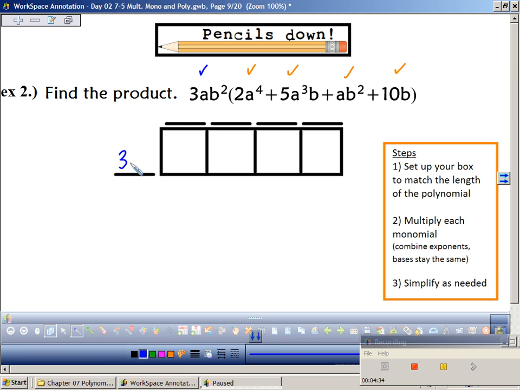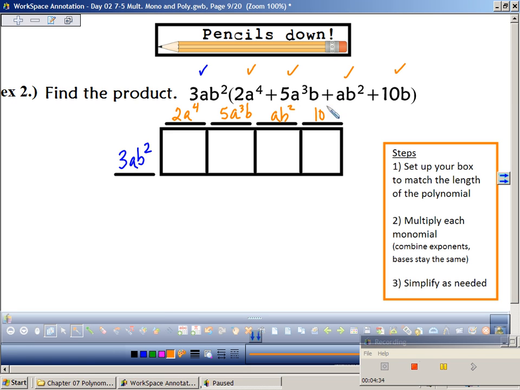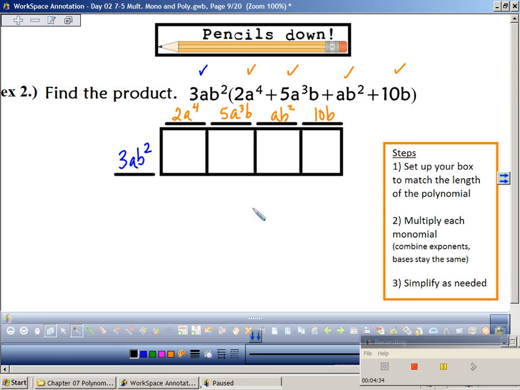So 3ab squared, and I'm going to multiply that by 2a to the 4th, 5a cubed b, ab squared, and 10b. And when you see this in your book, you can just write it out like this. Rather than writing out the problem, then writing the box, then writing the answer, you can just go straight to writing the area model.